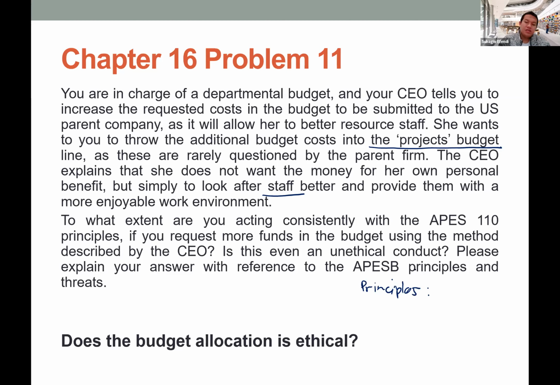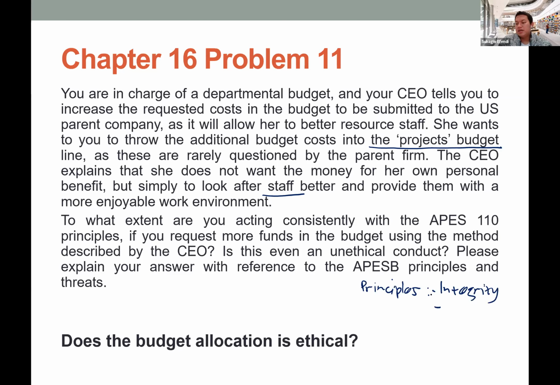I think we can start with integrity, because the budget officer is asking for more budget which is not actually related to the project. The budget is actually for human resource expenditure or staff expenditures. So it means the budget officer is being dishonest, and the integrity principle may be at risk. So we have an integrity problem.